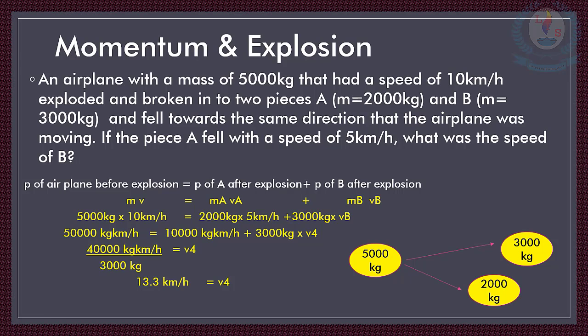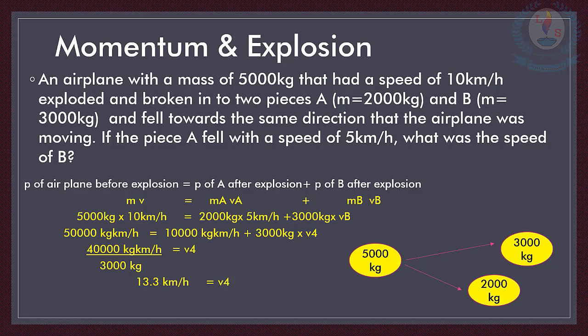In this problem, we can take the momentum of the airplane before the explosion as equal to the momentum of piece A after the explosion plus the momentum of part B after the explosion.